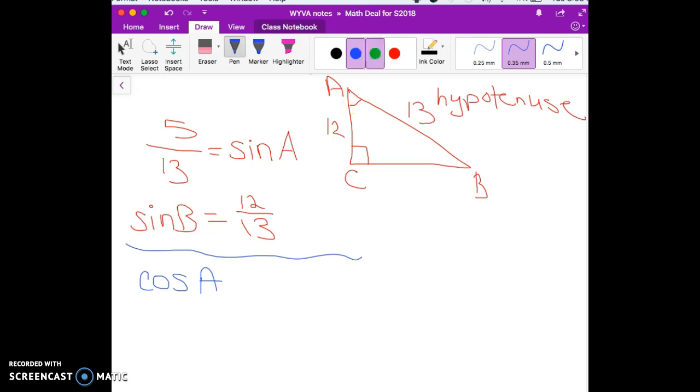Still looking at A, cosine of A. We're going to go right next to it, that's adjacent, over still the hypotenuse, 13. So 12/13.